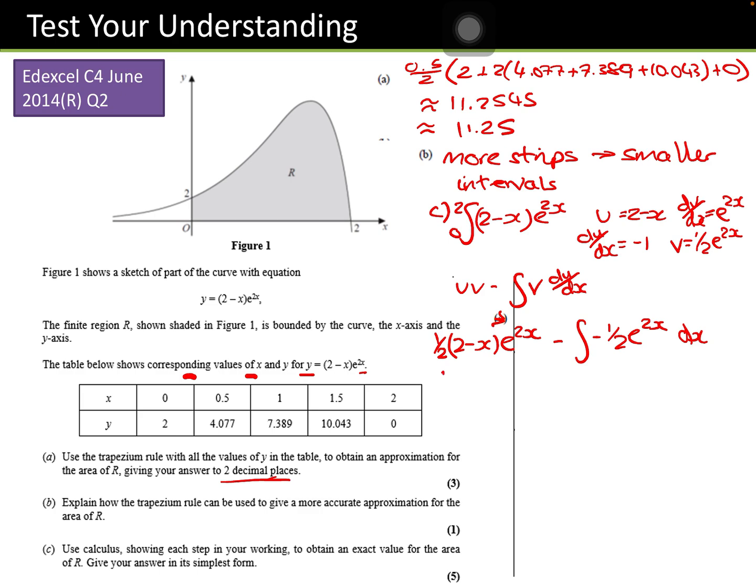Just going to tidy up my integral a little bit to make my life a little bit easier. First bit stays the same. I'm going to bring the minus a half out, so it becomes plus the integral of e to the 2x dx. We've already integrated e to the 2x up here, so that's nice and simple.